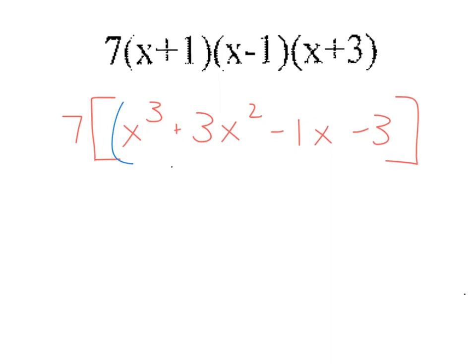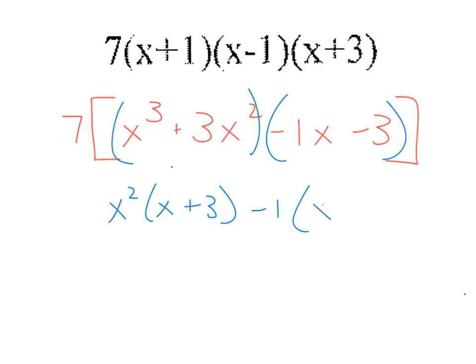So I'm going to put my first 2 together and my second 2 together. Now in this first blue grouping, I can pull out an x squared, and I have x plus 3 left when I do that. In the second grouping, I can pull a -1 and get x plus 3. So now you rewrite it, x squared minus 1 and x plus 3.